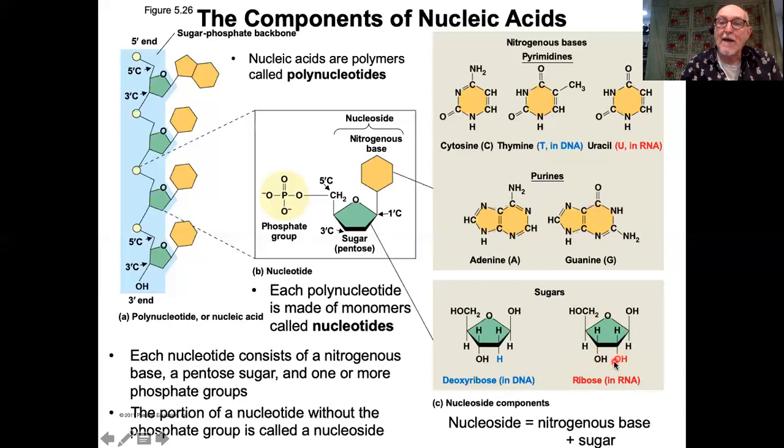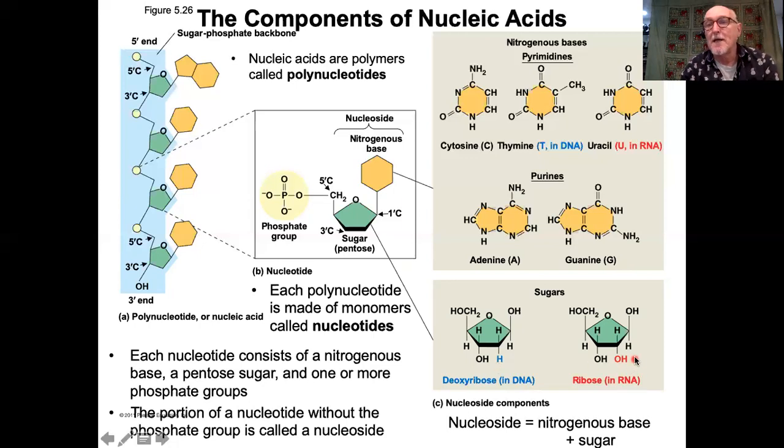If I take away that O, I have deoxygenated it, and I end up with this group, which is deoxyribose. This is ribose that has lost an oxygen. This is deoxyribose, and that is what is used in DNA. That is the functional sugar in DNA.